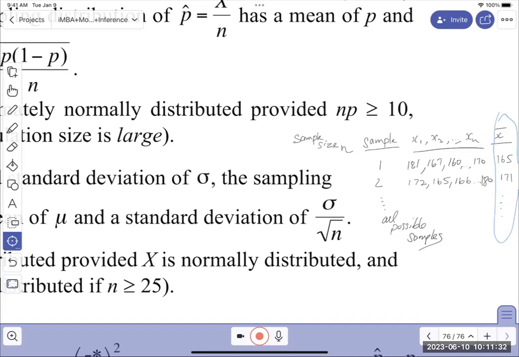What does it depend on? And what is the shape of that distribution?